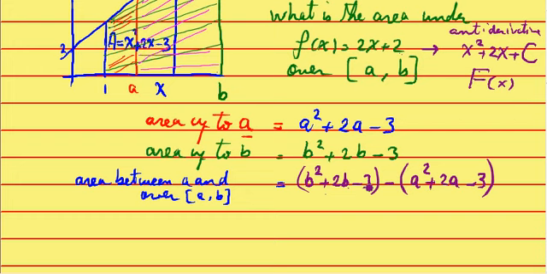This one is using a particular one, 3. But whatever constant you put here, it's going to cancel out. This minus 3 minus 3 makes these two constants cancel out. So it doesn't matter what constant I use. It's going to cancel out anyway. So this thing is equal to F of b minus F of a.